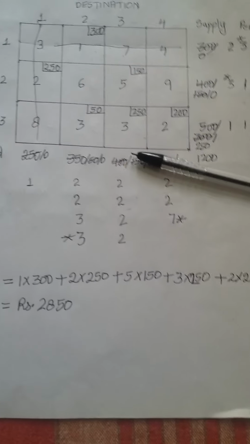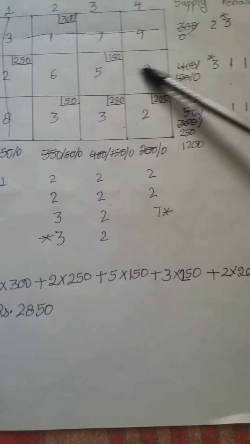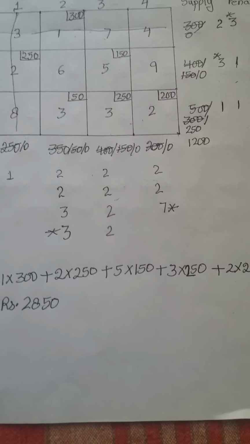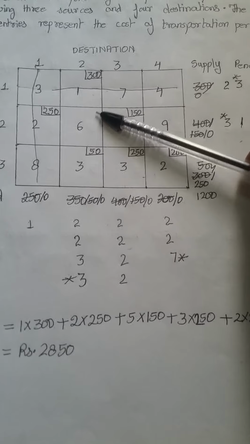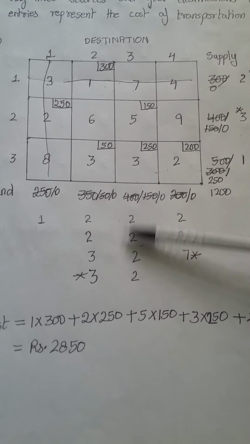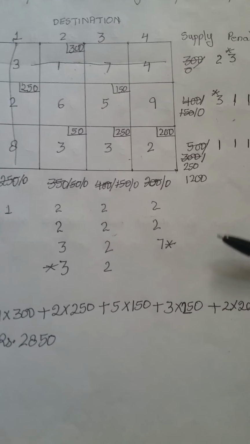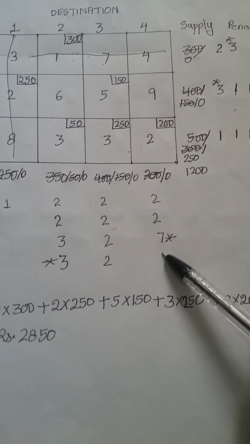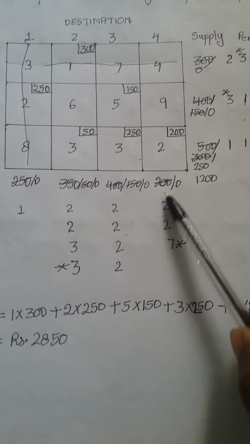Again, the revised penalty. For this row the penalty comes out 1, and in the columns we have the penalties as 6 minus 3, 3, 5 minus 3, 2, and 9 minus 2, 7. So now the highest penalty is this 7, and here the minimum cost is 2.